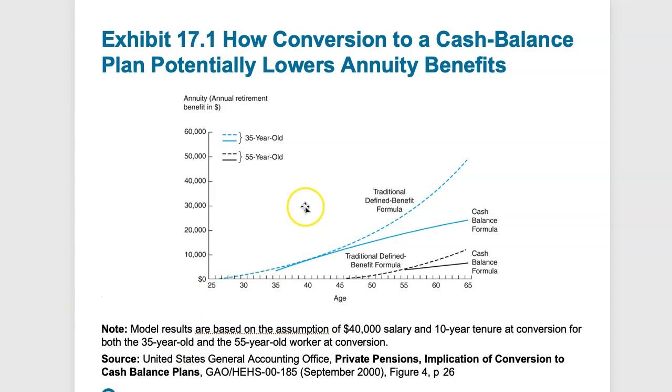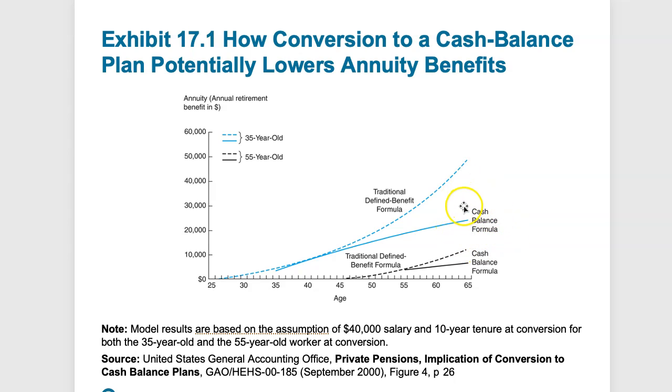So, for example, here's a slide where we're looking at a 35-year-old and a 55-year-old. This is the annuity or the retirement benefit, and we have the cash balance formula and the traditional defined benefit formula. So you see that the 35-year-old would have more money in the traditional defined benefit formula rather than the cash balance formula.